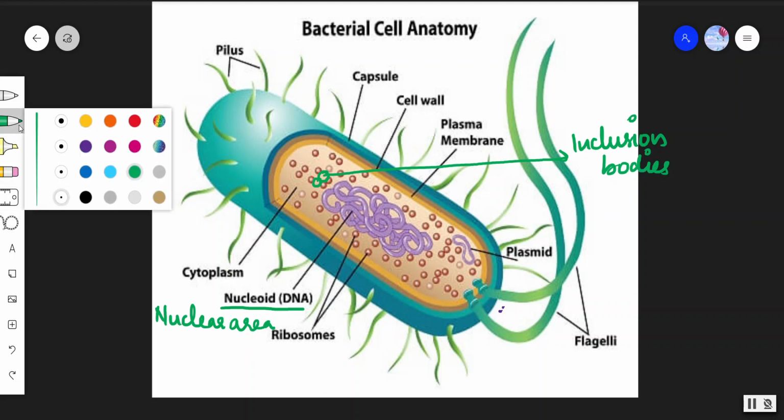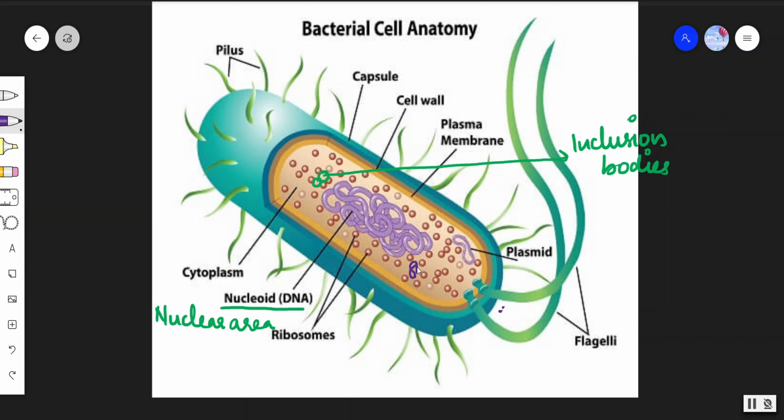Let me change the color for that. Small fold structure that is known as mesosomes. What do mesosomes do?